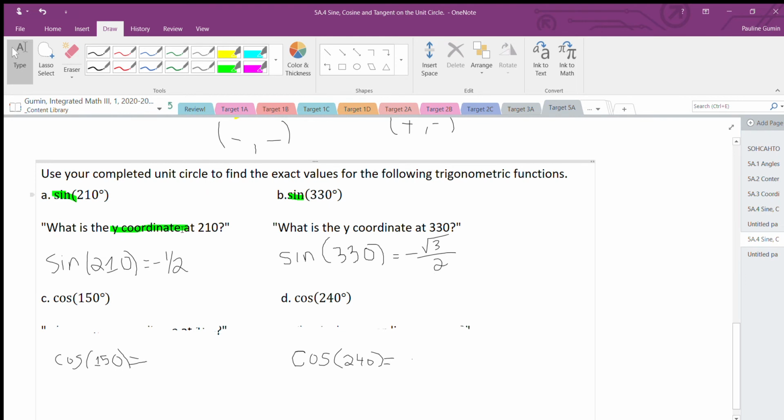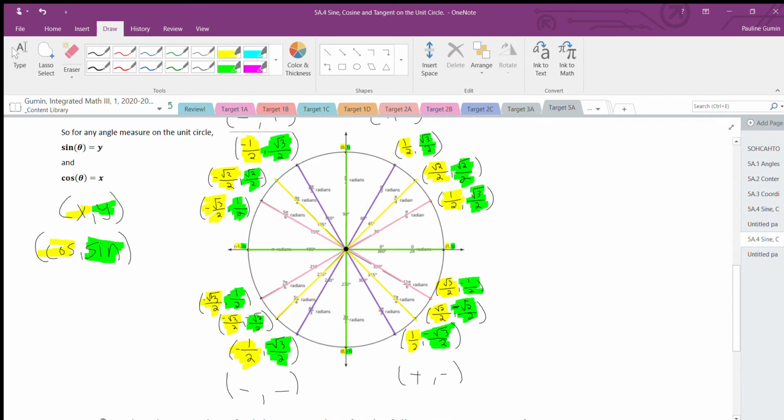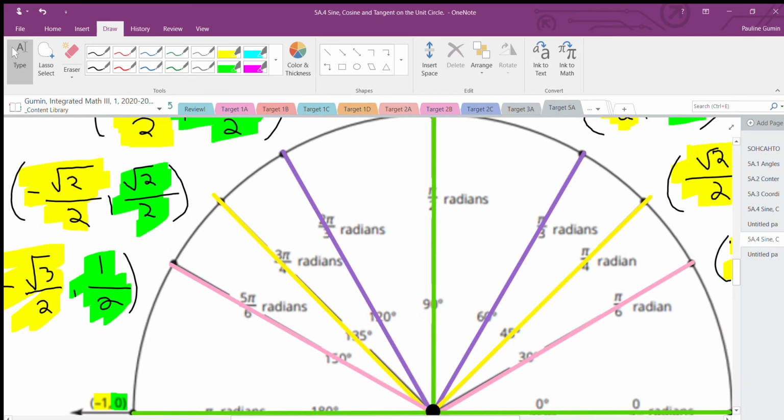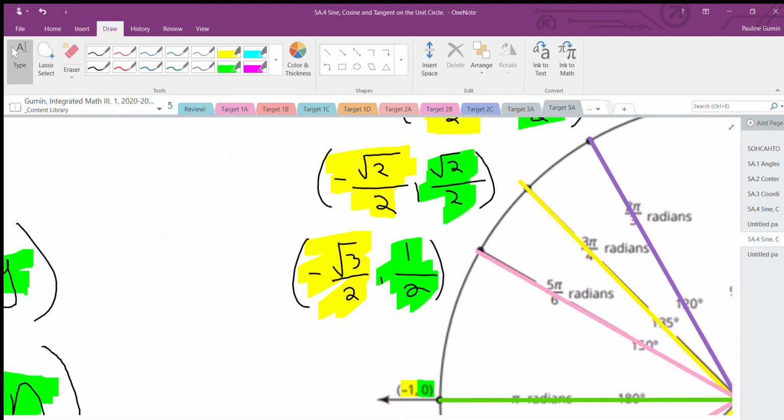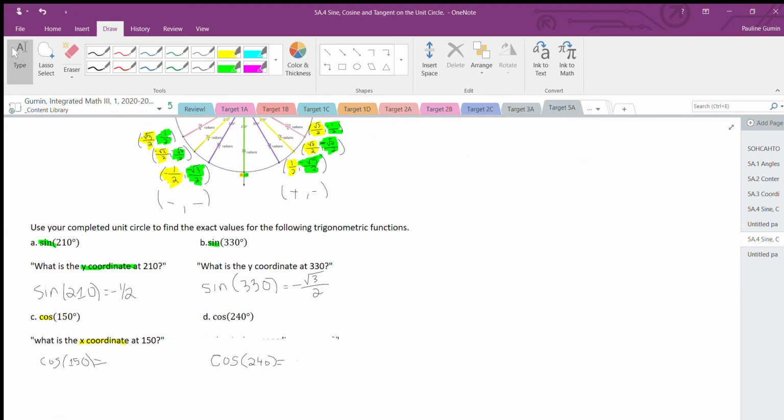Let's continue. Cosine of 150. Okay, cosine is not our y-coordinate. Cosine is our x. So what I'm really asking you with cosine is, what is the x-coordinate at 150? There's 150. Let's look at x. -√3/2.